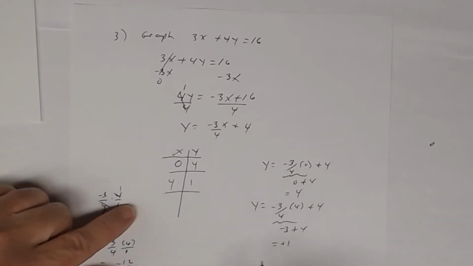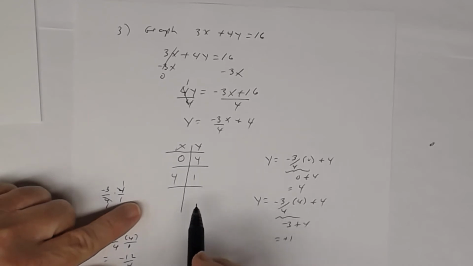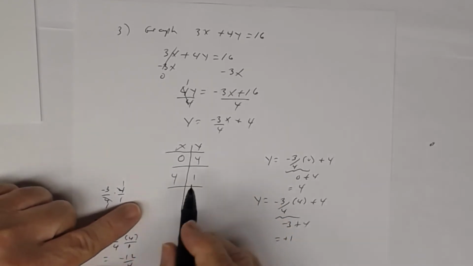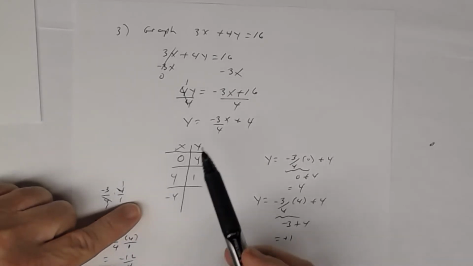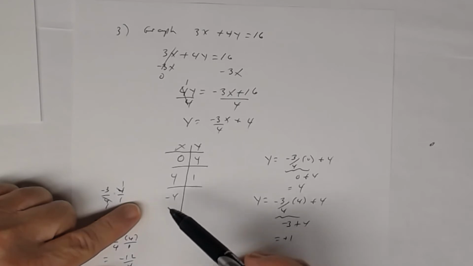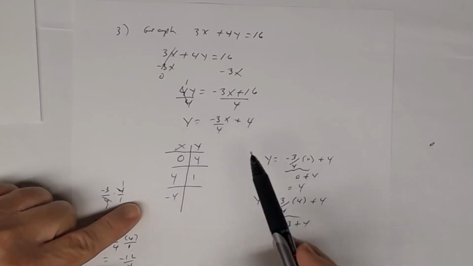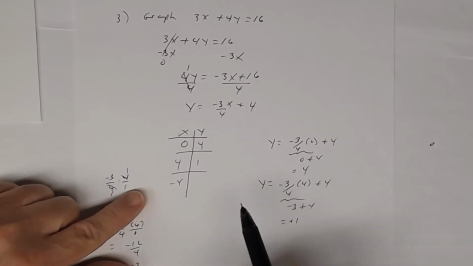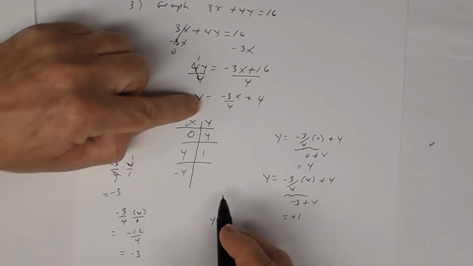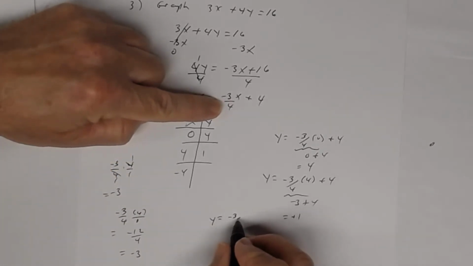So I'm going to use a negative number this time. Another multiple of 4. We did 4, so let's try negative 4. Others could have been 8, negative 8, 12, negative 12, 16, negative 16. Those are all multiples of 4. So negative 4, I get y equals negative 3/4 times negative 4 plus 4.